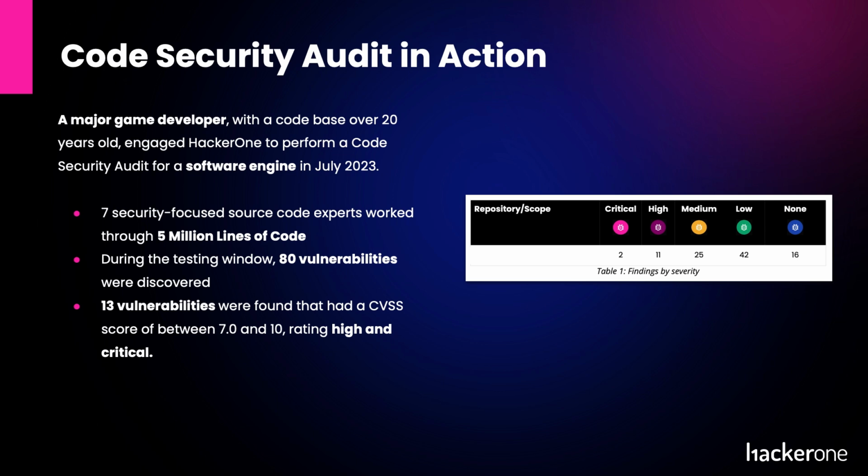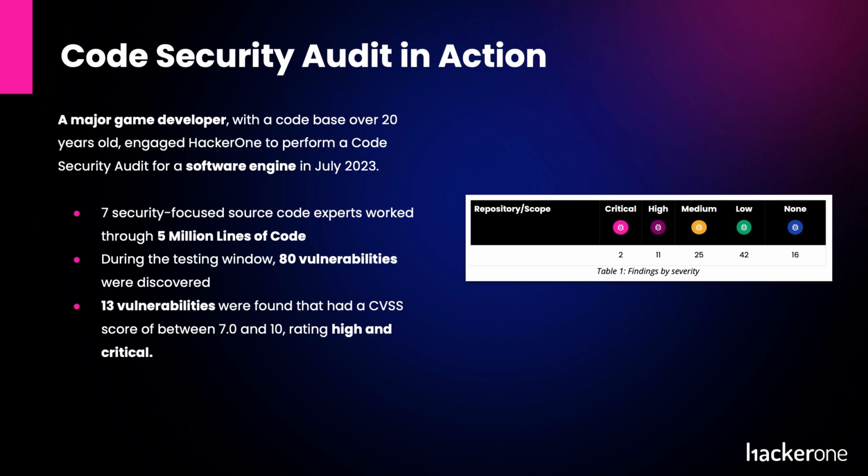Now, a lot of the folks in this room have probably played their games on their PC, their Xbox, their PlayStation. As I said, it's a global provider. 13 of those 80 vulnerabilities had a CVSS score between 7 and 10. So we had critical vulnerabilities in there that millions of people have touched. So again, probably for understandable reasons, we can't go into too much detail. But this is showing you the level of results that we found.